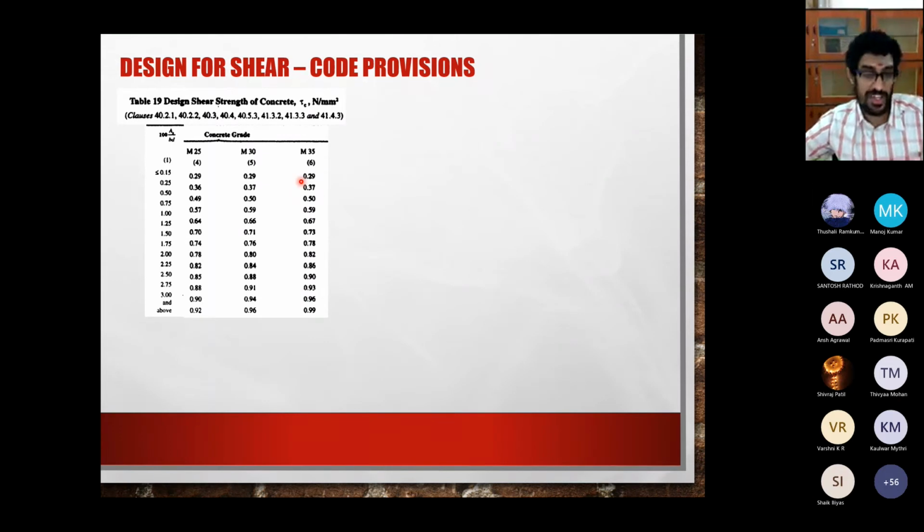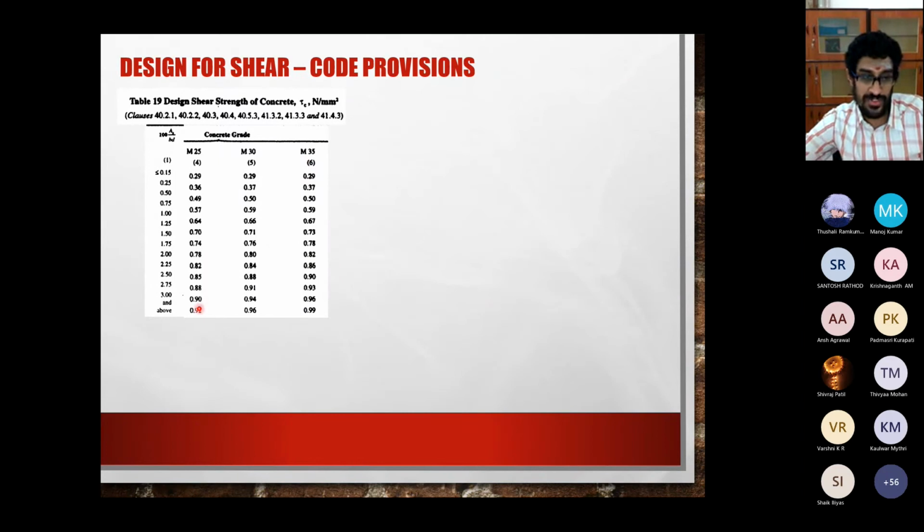If your grade of concrete is M35, even if you take 0.36 fck, 0.36 of 35 is about 12 or 13 Newton per millimeter square.